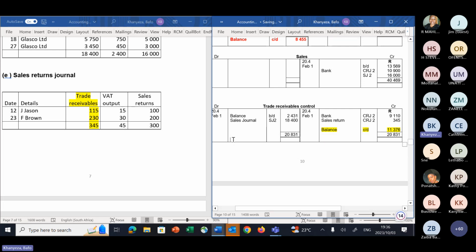Once you have it as a debit carried down, then you bring it down as a balance brought down, which gives us 11,376.